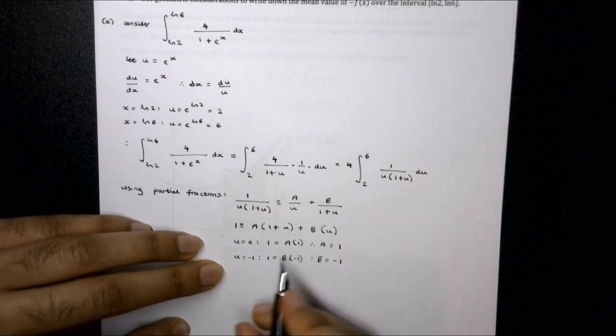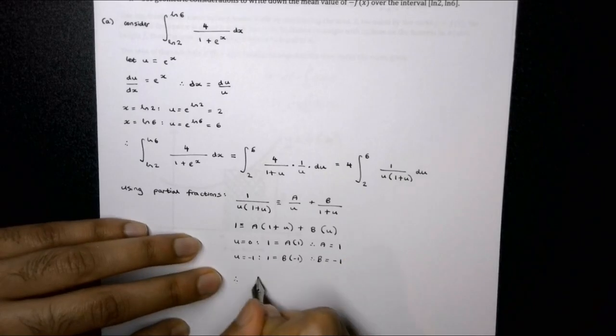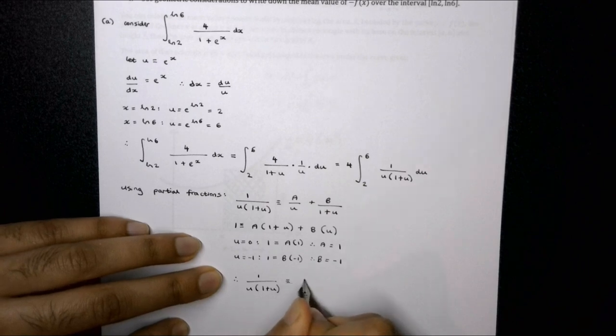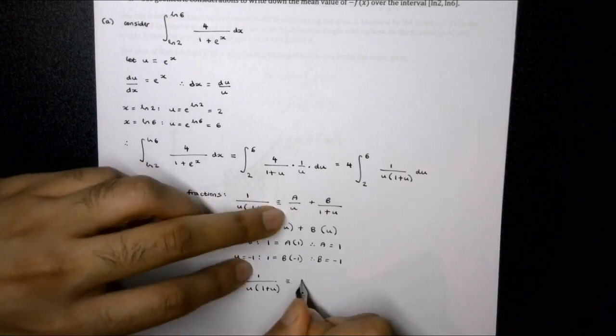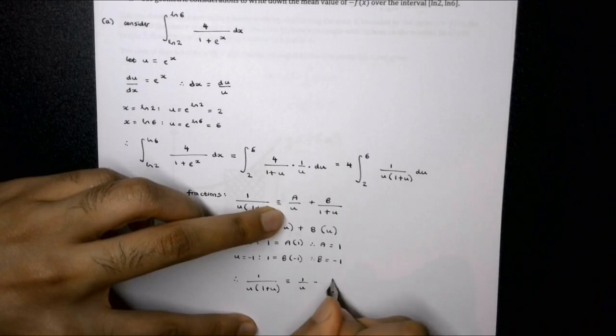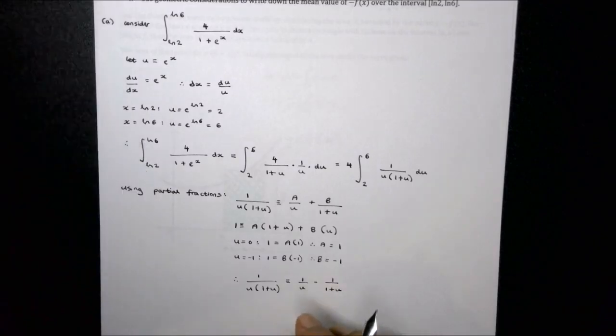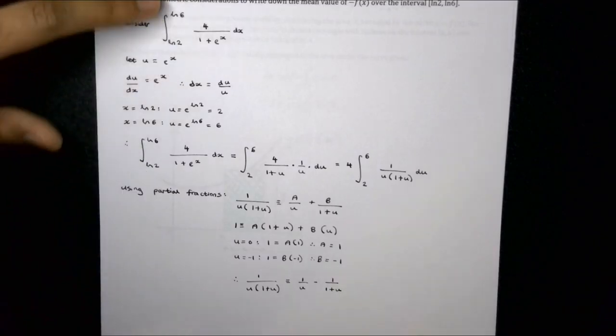Knowing the values of a and b, we can therefore conclude that 1 over u lots of 1 plus u is equivalent to 1 over u minus 1 over 1 plus u. So what we will now do is integrate.